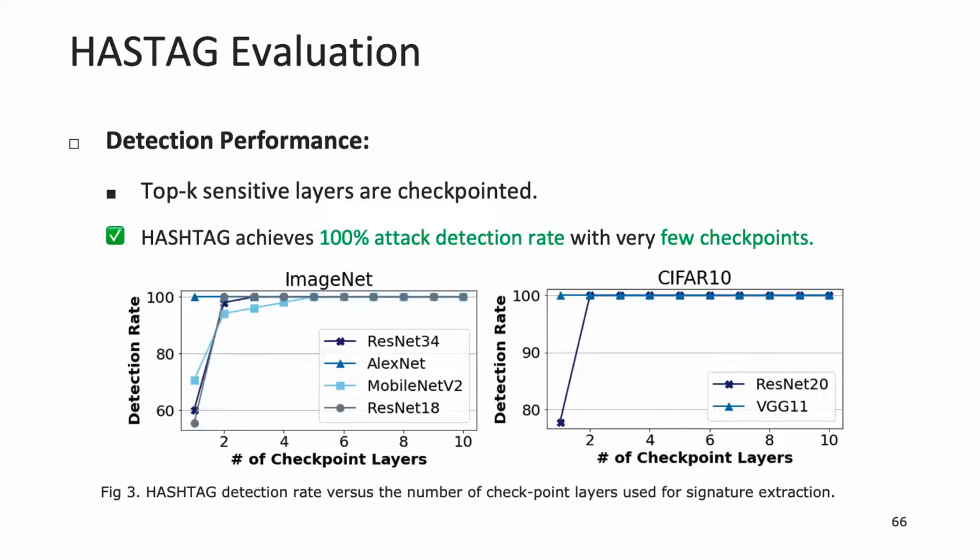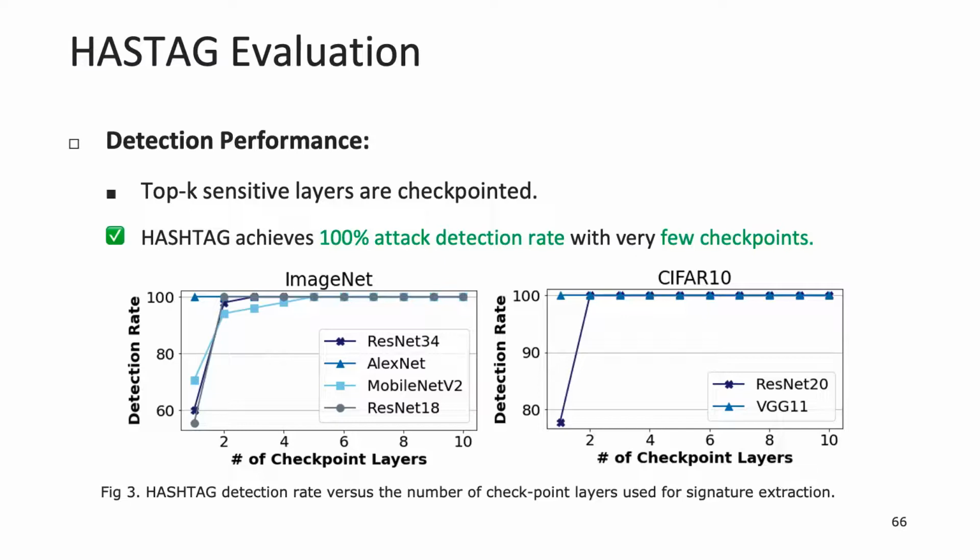We show that Hashtag can actually achieve 100% detection rate of the fault injection with very few checkpoints. Because deep neural networks can have many hidden layers, Hashtag does not require storing the hash signatures of every single layer.